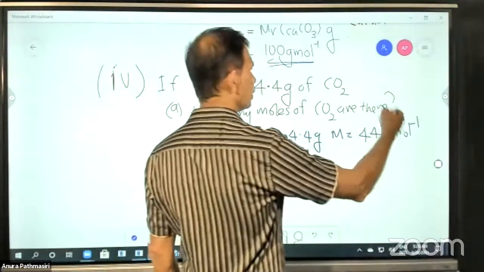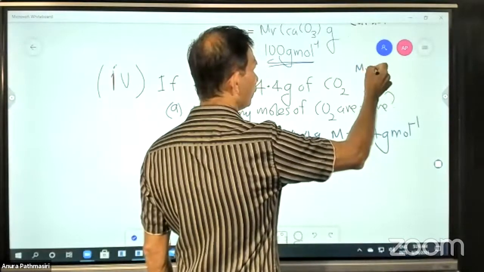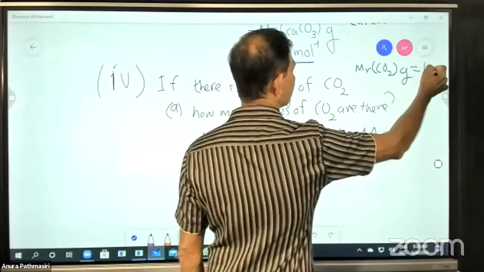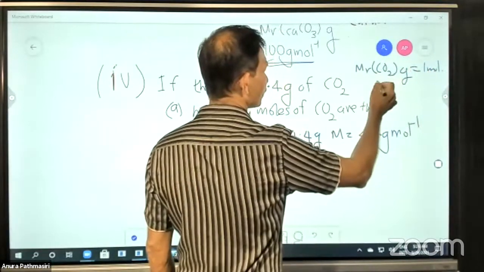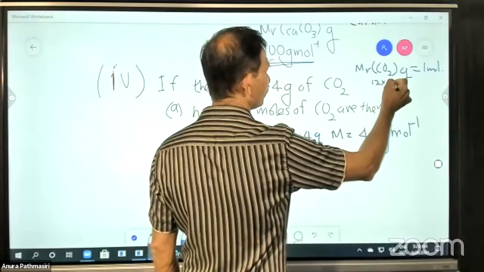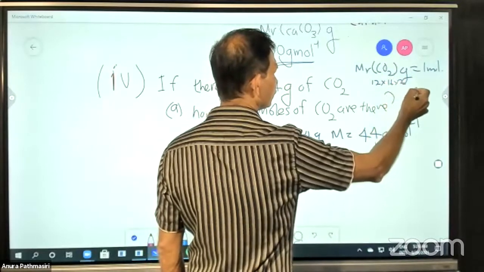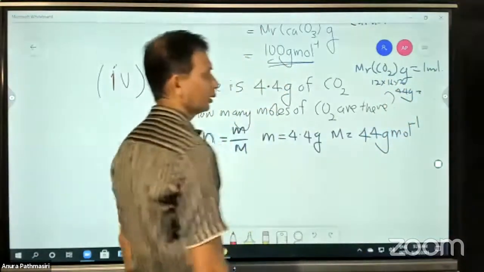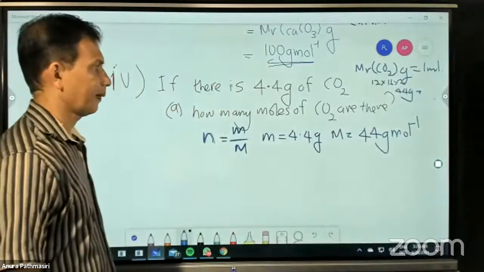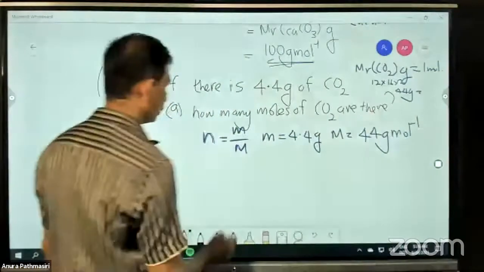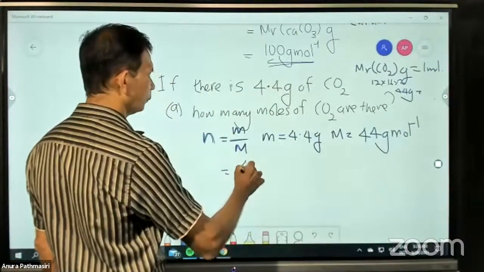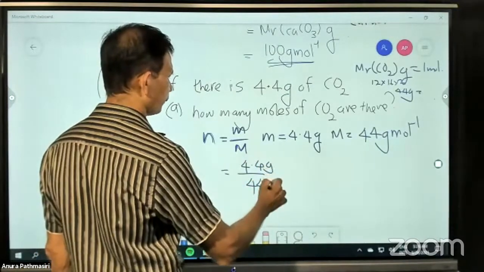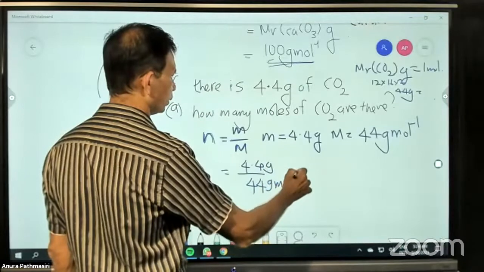Somebody might get confused: MR of CO2 in gram gives 1 mole, and C is 12, O is 16 times 2, which makes 44 grams. Then substitute 4.4 divided by 44, gram over gram per mole.